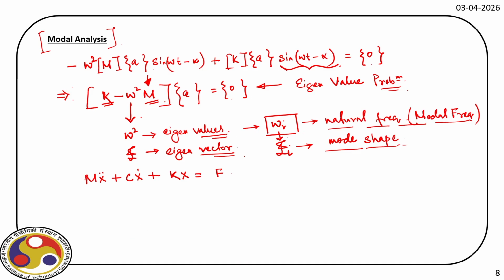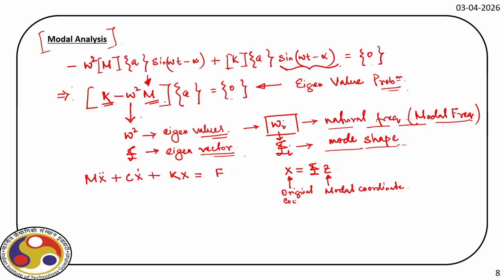I'm not writing the brackets, but these capital letters indicate that this is a matrix equation. Now, to decouple this, we apply the transformation x equal to phi z. This x is the original coordinate, and after this transformation we get z, which is called the modal coordinate.